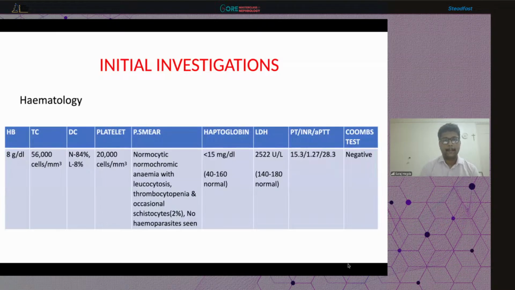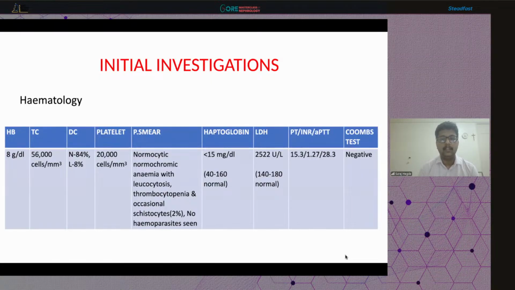Present the hematology. So the initial investigations at our hospital: hematological parameters showed significant anemia. Hemoglobin was 8 gram per deciliter with polymorphonuclear leukocytosis and severe thrombocytopenia, platelet count being 20,000 cells per cubic millimeter.